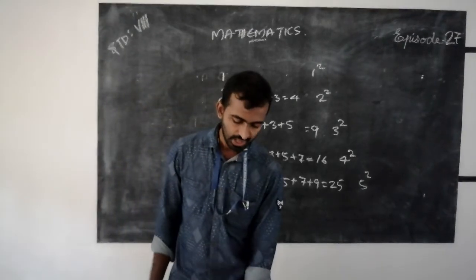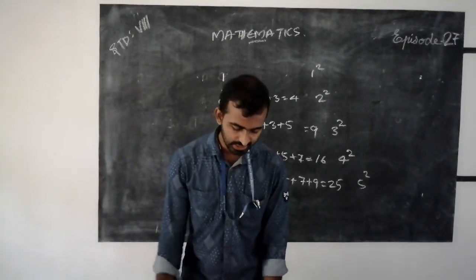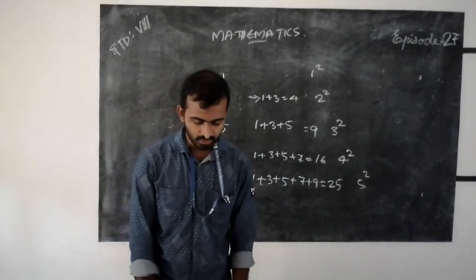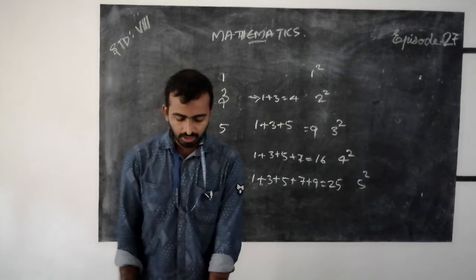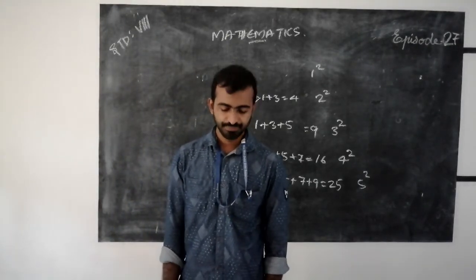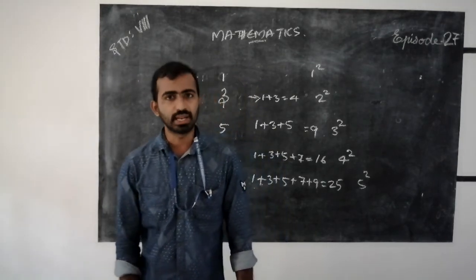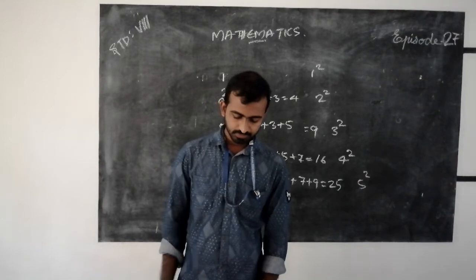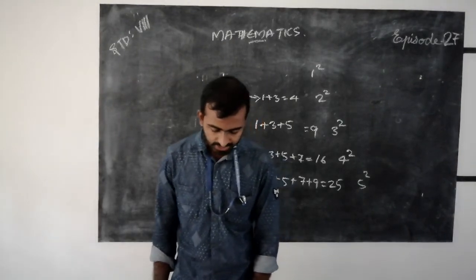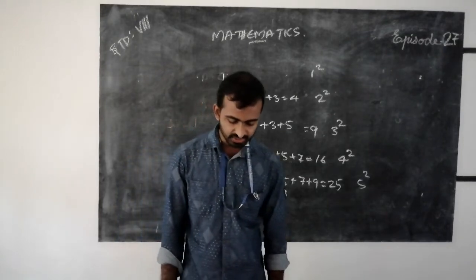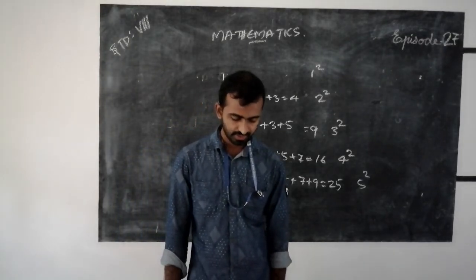Okay. And next we are going to discuss the Try This on page number 94. Find whether the following numbers are perfect squares or not.